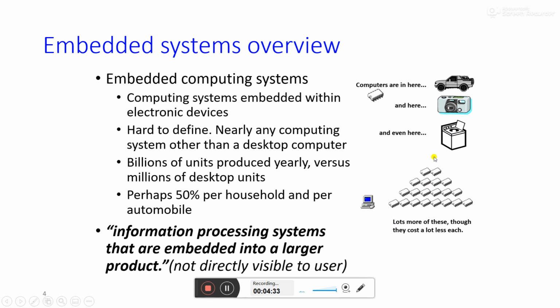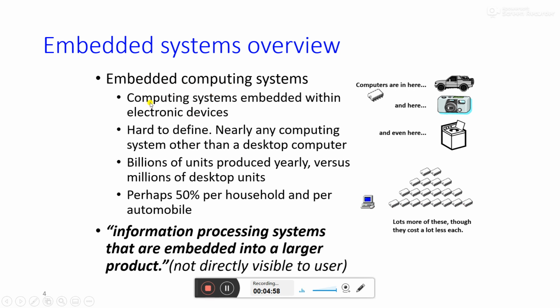I can put a line over here and say that these three systems, a car, an imaging device, and a washing machine, are all dedicated systems and can be used only for a single task, while this is a computing system, the computer, which is a general purpose system and can be used for many things.